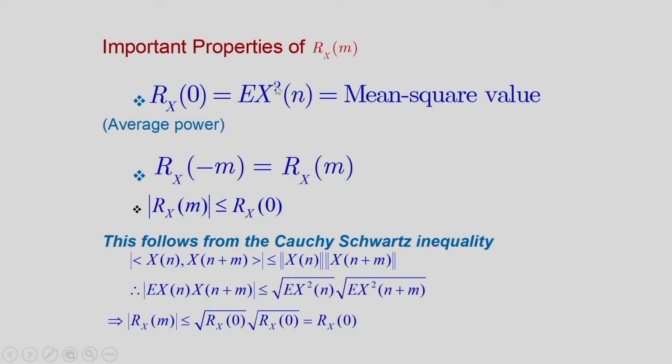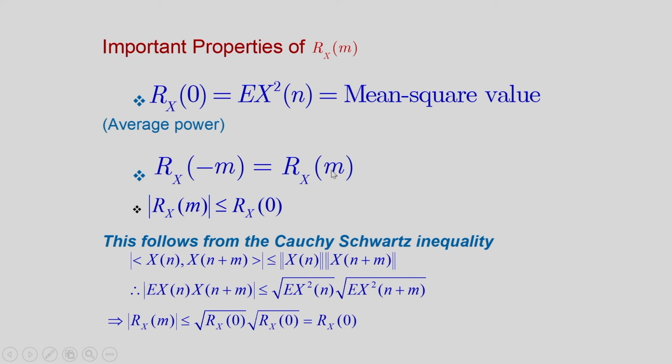That means you are taking the square term and averaging it, therefore this is the mean square value. This is also interpreted as average power, because E of x square n is the power delivered on a 1 ohm resistance, unit resistance. So, E of x square n denotes average power. To summarize, this is the mean square value, and it is also the average power of the random process.